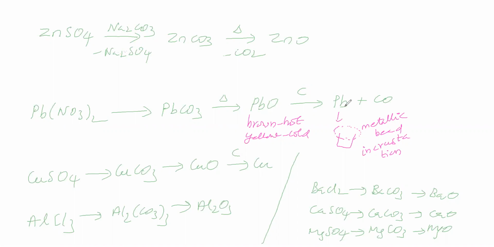Next, if the given salt is copper sulfate, it is light blue in color. It is mixed with sodium carbonate, which is colorless. Copper sulfate and sodium carbonate give copper carbonate, which is green.